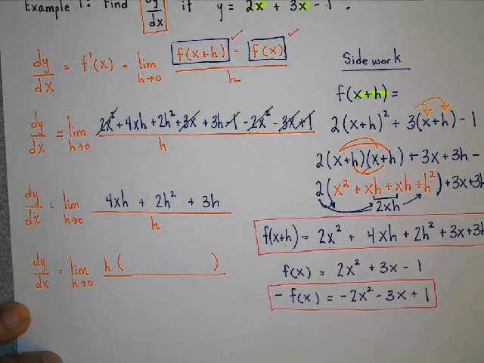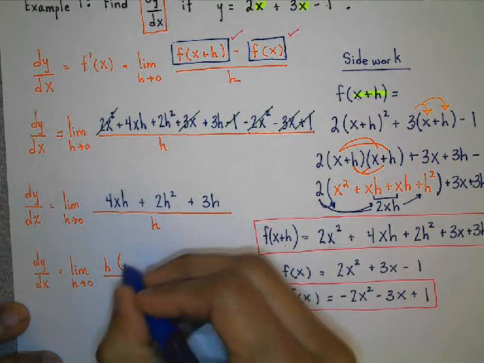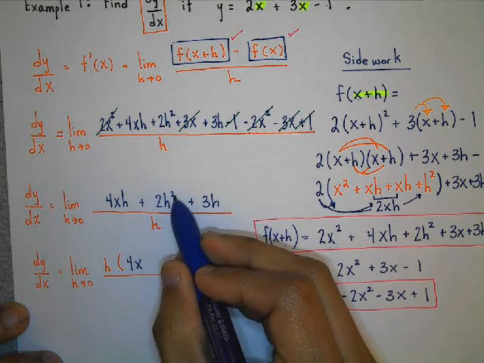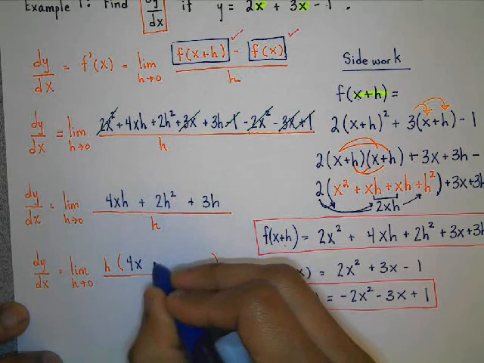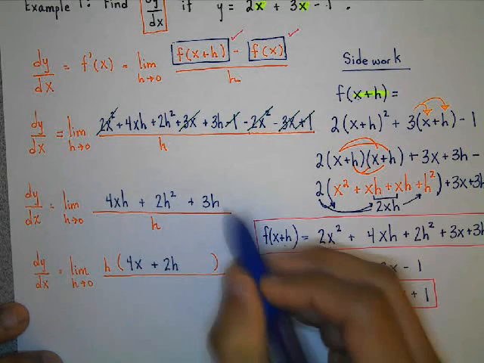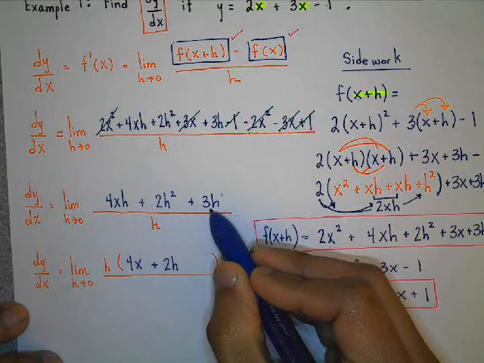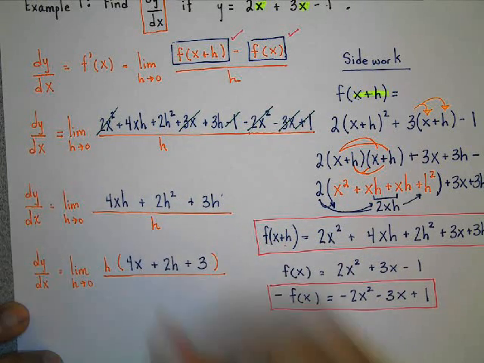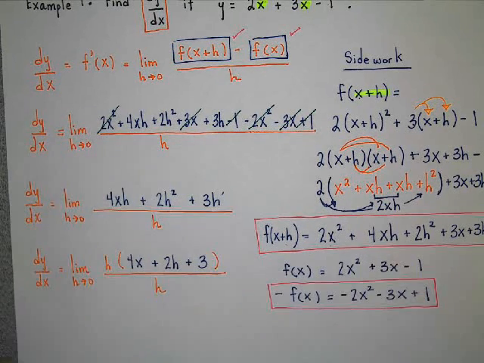And I got to figure out, well, what's left over. If I take the h out from here, we're going to be left with 4x. Here I had 2h squared, so when I factor out 1h, I'm left with just 2h. Here, when I factor out this h, all that's left is a 3, and then this is going to be all divided by h.